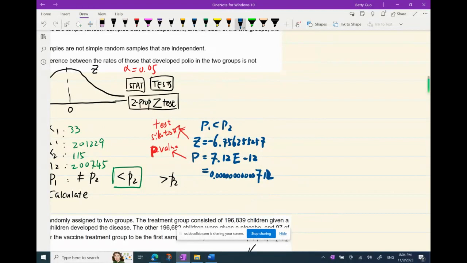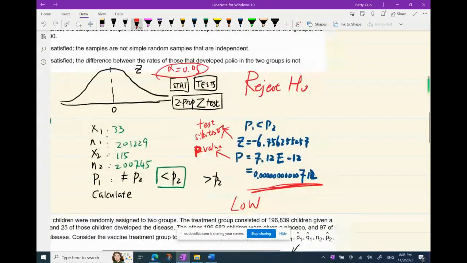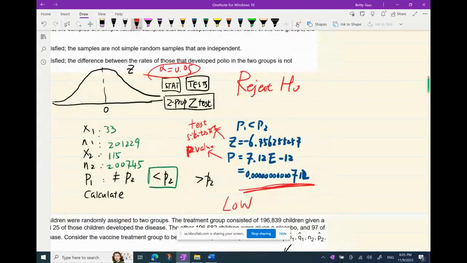It doesn't matter what the significance level is, because the commonly used significance levels are 5%, 10%, 1%. Even if you make the significance level very small, this p-value is even smaller. So the p-value is low, so we reject the null. If we do the critical region, you would see the Z test statistic falls in the critical region as well.